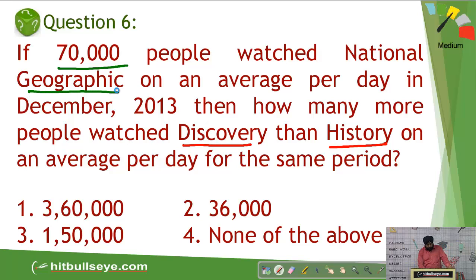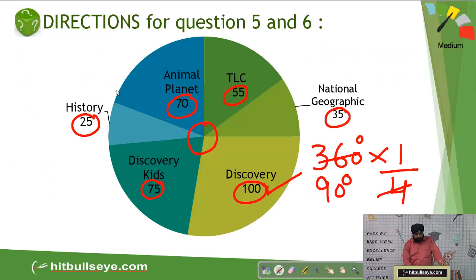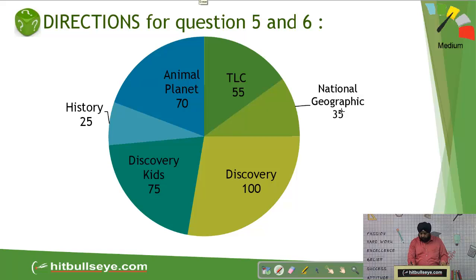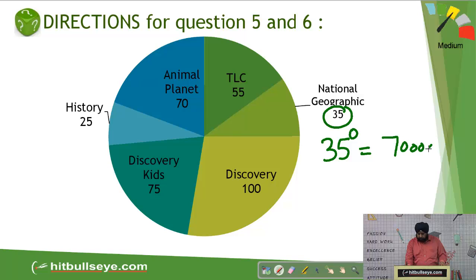So let us see the pie chart. National Geographic corresponds to 35 degree. So 35 degree is given to be 70,000. It gives us the value of 1 degree, which will be nothing but 2000.